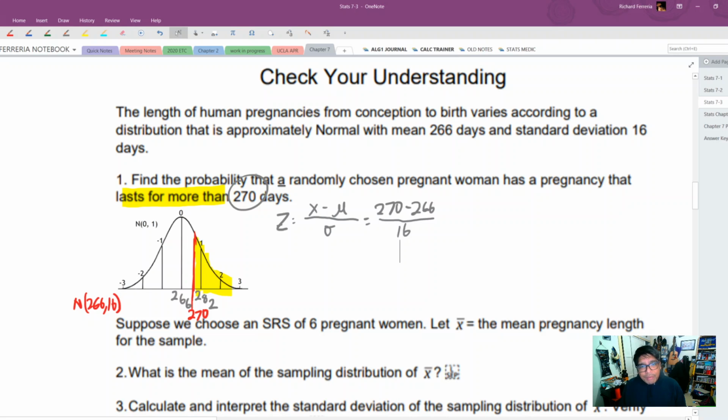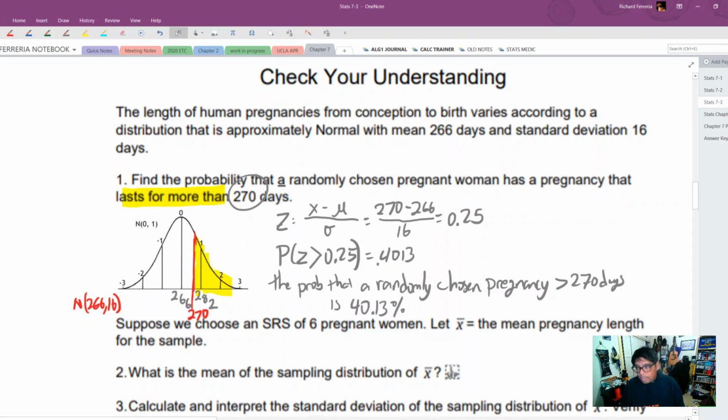That's 270 minus 266 over 16, or 0.25. Next, we're going to say the probability that a z is greater than 0.25, and we'll do that on our normal calculator. And that's 0.4013. So the probability that a randomly chosen pregnancy is greater than 270 days is 40.13%.